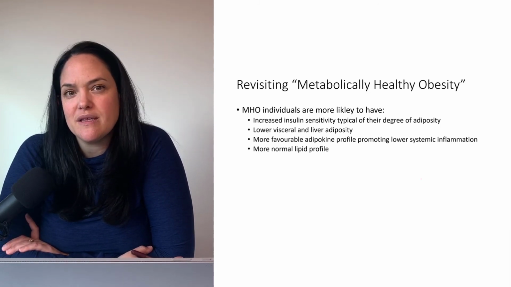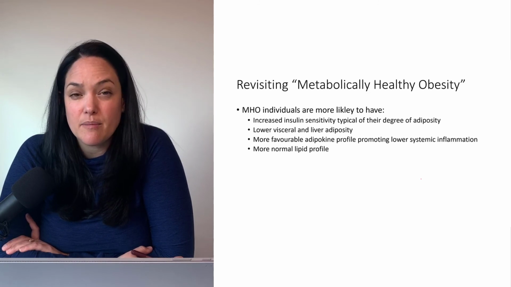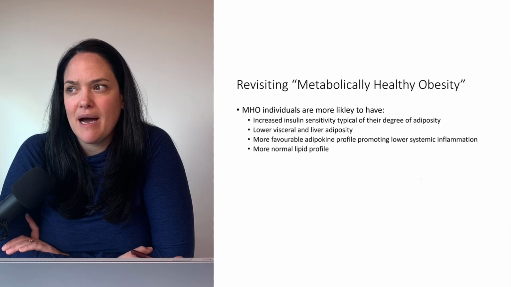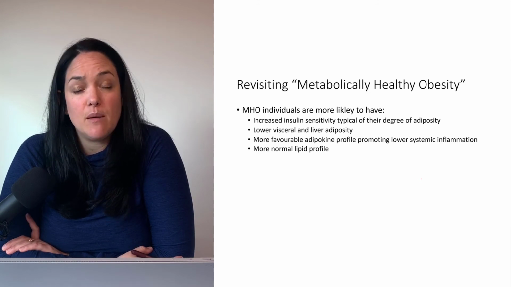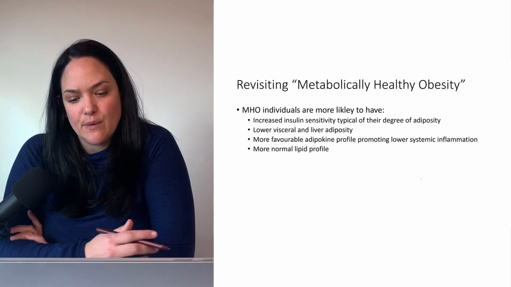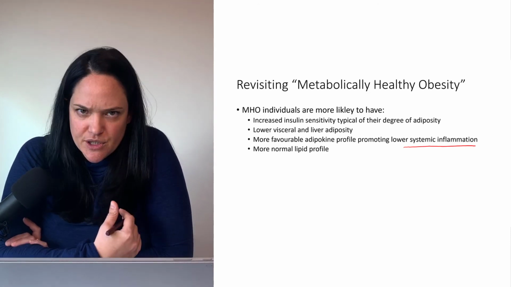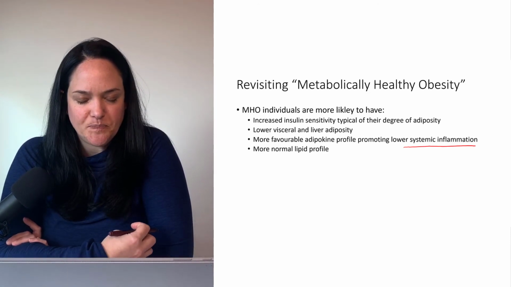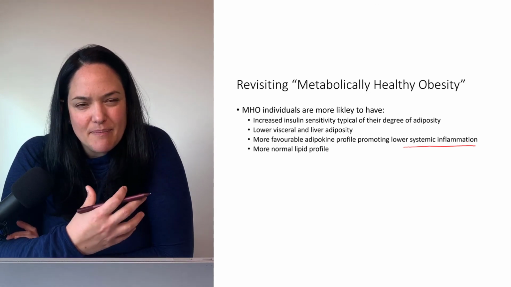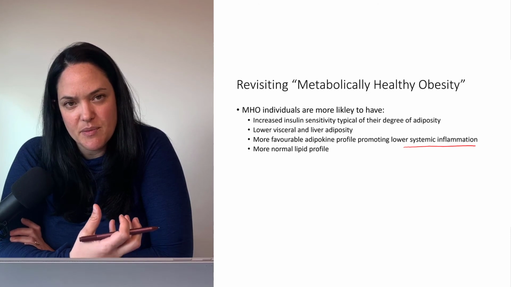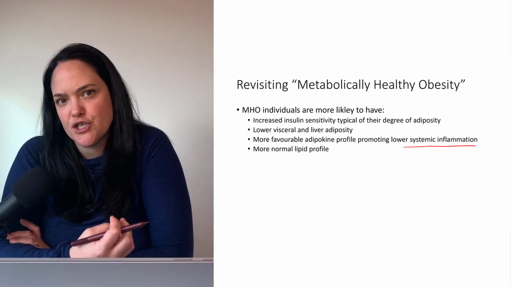It could also be that individuals that have more of this metabolically healthy profile that also have obesity might have more lean muscle mass. They, like we said, have a better adipokine secretion pattern, which has decreased inflammation.